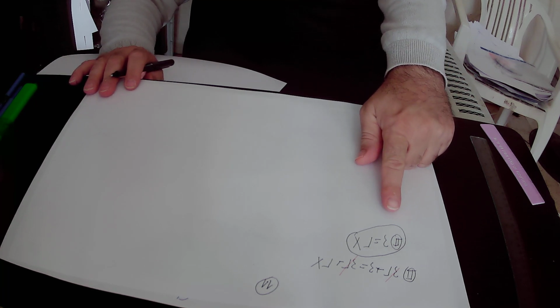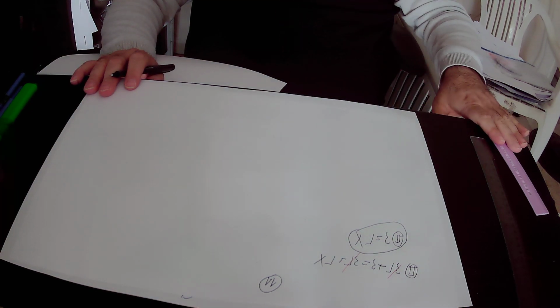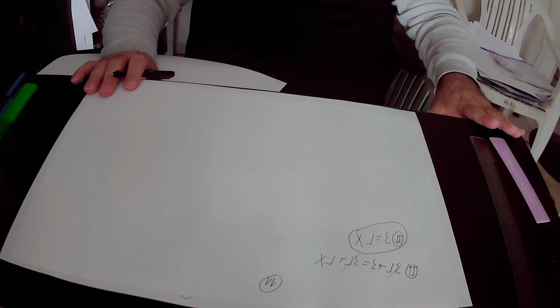Here we will divide this equation by X. And why is it allowable to divide the equation by X? Maybe X equals 0, and then it is not allowed to divide the equation by 0.